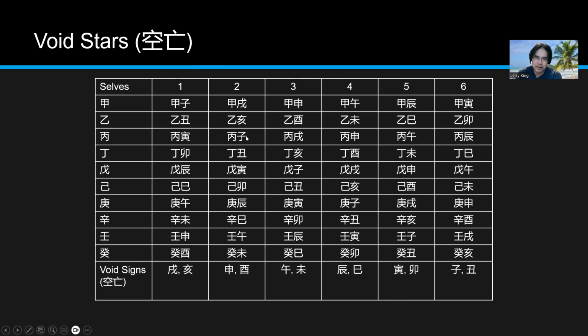So this is basically the table that is being used. Very often we use the day. For example, in Dali Ren, we use the day. Or else, if you only use the year as a void, then every divination you do is going to be that void. So for example, if next year is the Jiachen year, and you only use the year to calculate the void, then every divination you do throughout the whole year, the void is always tiger and rabbit.